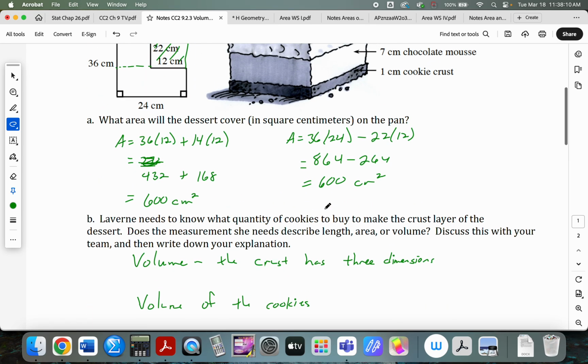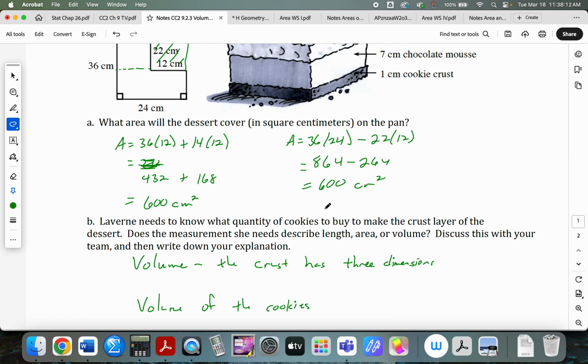Well, the bottom is 600 square centimeters, and how many centimeters deep is the crust? 1. So the volume of the cookies is 600 square centimeters times 1 centimeter deep, it's 600 cubic centimeters.